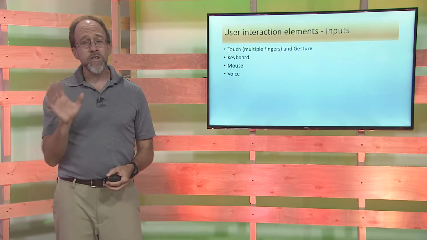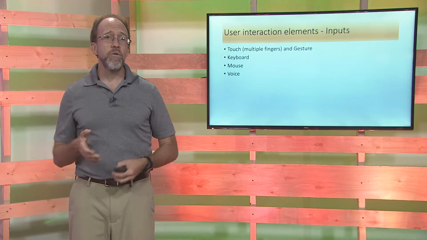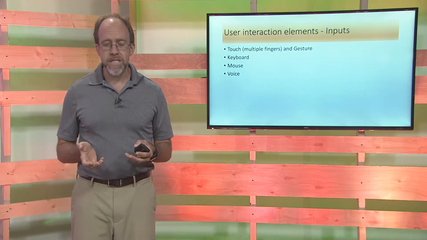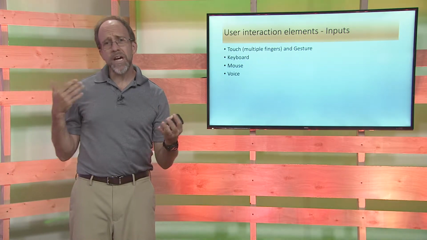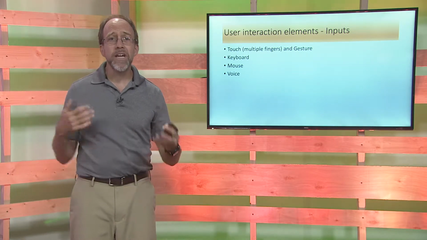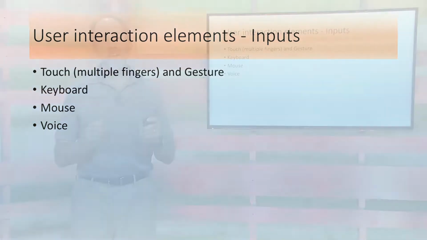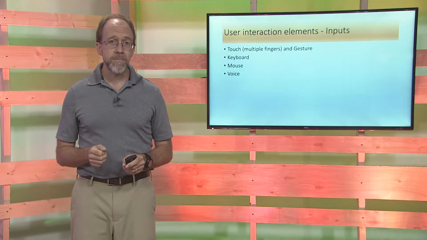So let's first look at the capabilities that we're adding to our stable of things that we can do when we're designing for these types of systems. You still have the possibility of using a keyboard, you still have the possibility of using a mouse, but now we're going to add this ability to actually have a touch screen interface. Now realize that the touch screen interface is also available in a lot of laptops and also now on a lot of desktop systems.